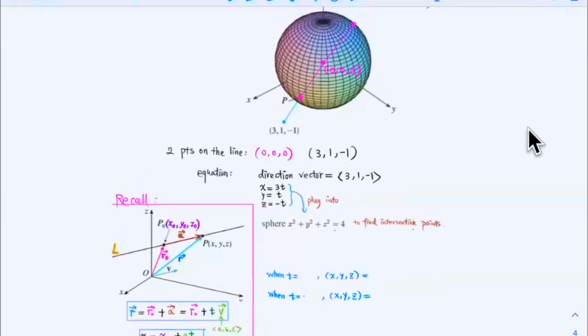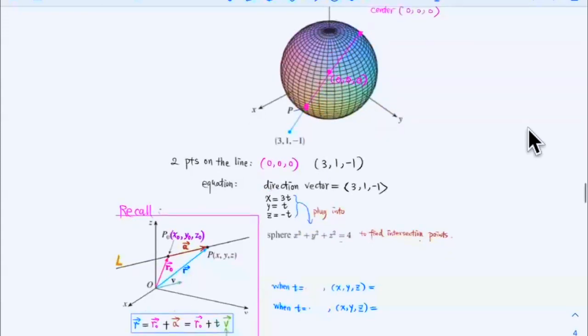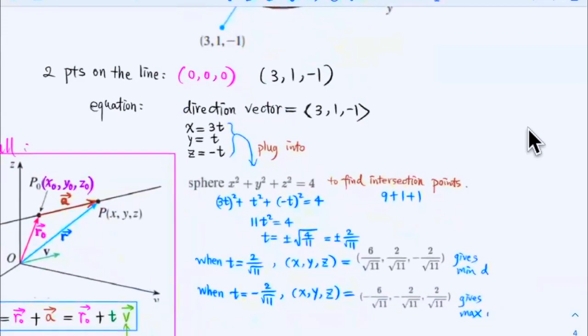And once you have this, you can now remember this is the equation for the line. So when this one intersects the sphere over here, this point should give you the minimum distance, right? And then the other point should give you the maximum distance. So all you have to do is to find the intersecting point of this line with the sphere. So what I'm going to do here is I'm going to plug this xyz into the equation for the sphere to find the intersecting point. Okay, so I plug those into the sphere.